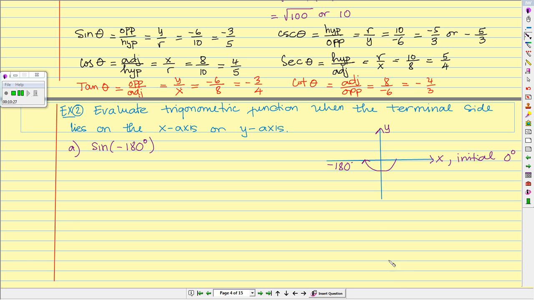Okay. So now we didn't tell you what point to pick. I'm going to make a note right here that the terminal side of negative 180 in standard position lies on the negative x-axis.